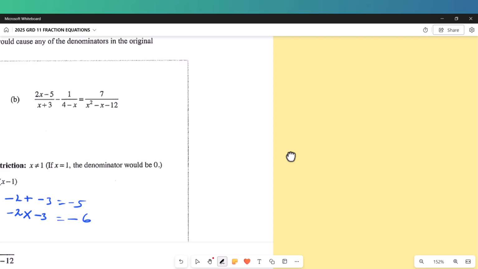So this is 2x minus 5, divided by x plus 3, then minus 1 over 4 minus x, and then equals 7 over x squared minus x minus 12.